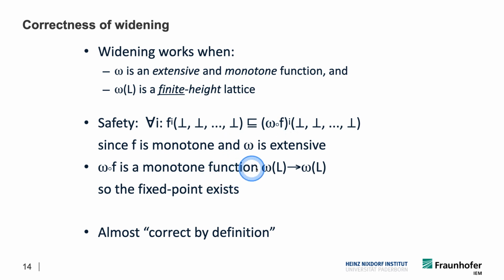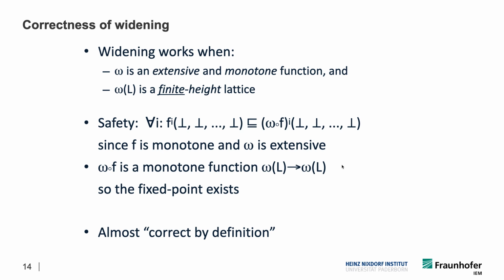Then we also get the result that this combination of the two functions is also a monotone function. And so the fixed point always exists. And so very trivially, actually by definition, you can see that widening is actually correct. So it retains soundness and it's guaranteeing you to get a sound result even after widening is applied.